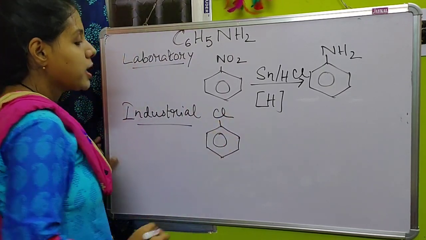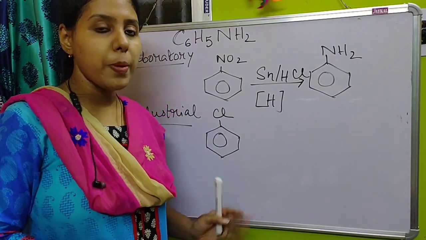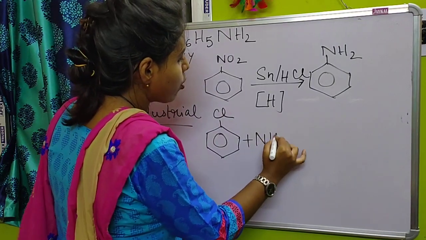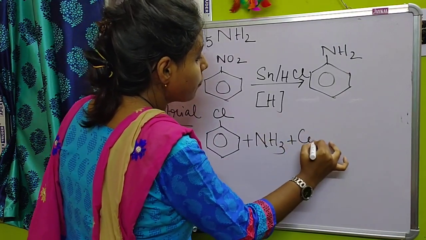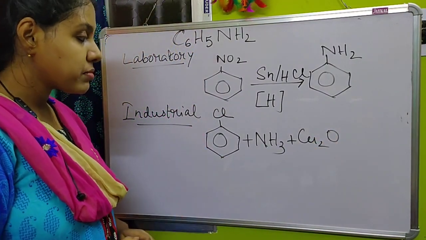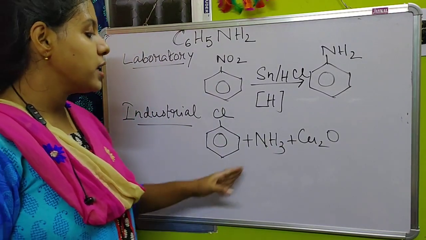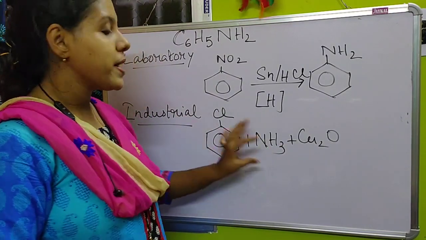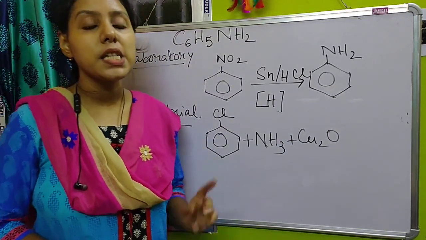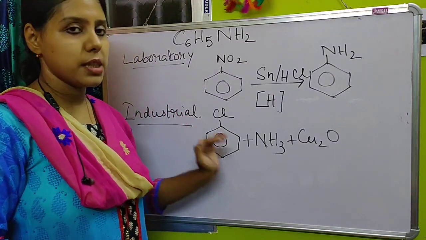The initial compound is chlorobenzene, and you react it with ammonia in presence of cupric oxide, where cupric oxide acts as a catalyst. This reaction has a specific name, Dow's process.